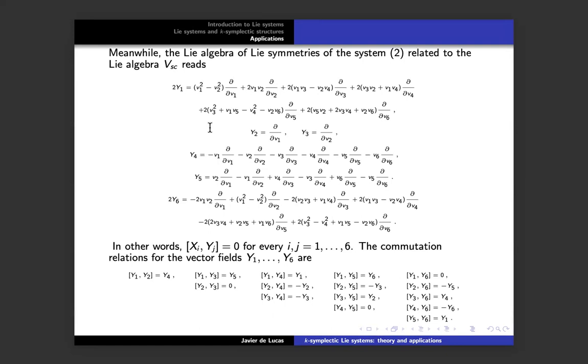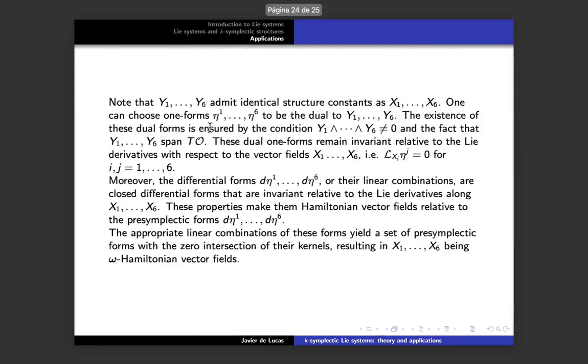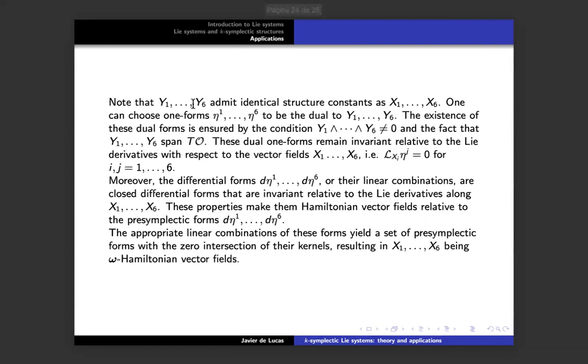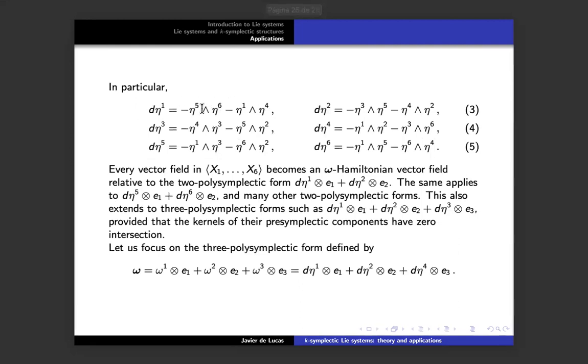Since they are complex, they generate a complex Lie algebra, the complexification of sl2. Here you will have three vector fields Y and three duals, only that the duals will be complex. You will have only 3 of these. I don't remember exactly which one will be, but they can be done.